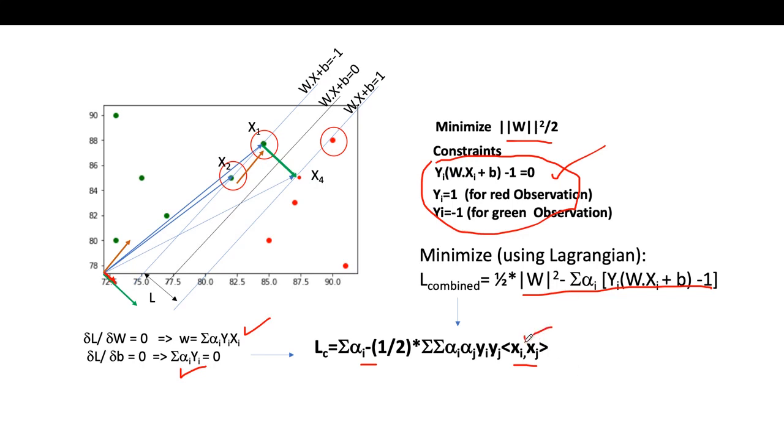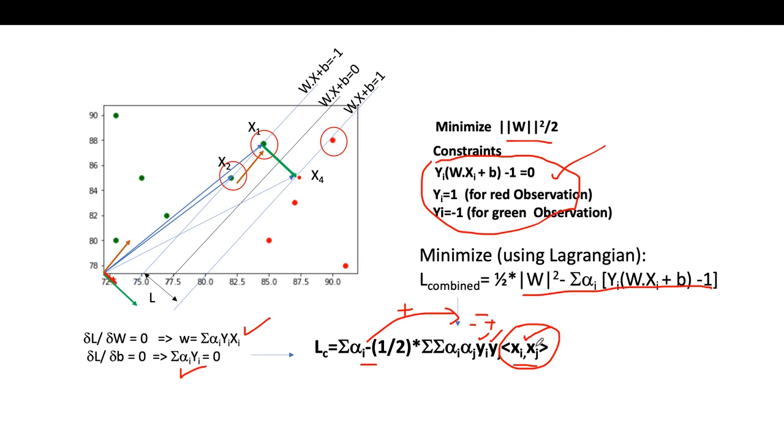So if we have higher dot products, and if yi and yj belong to opposite classes, that is one will be minus and one will be plus, then the product will be minus, right? And that minus, when combined with this minus, would become a plus. Okay, so plus, and this would be maximum when xi and xj are similar.